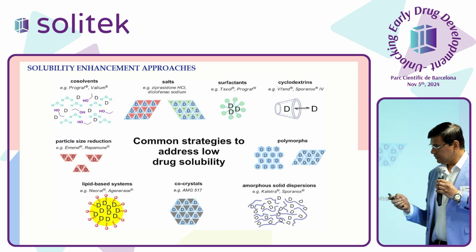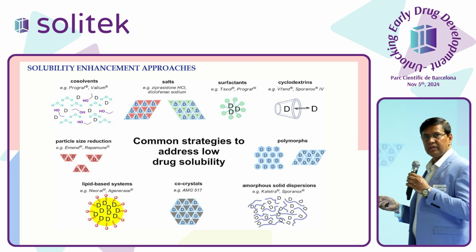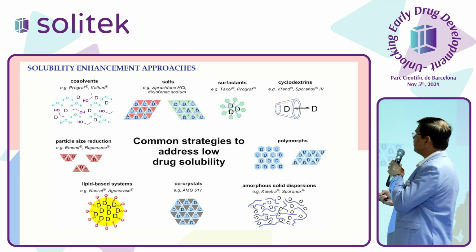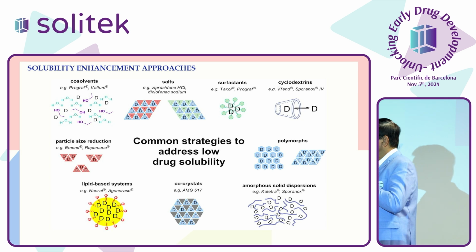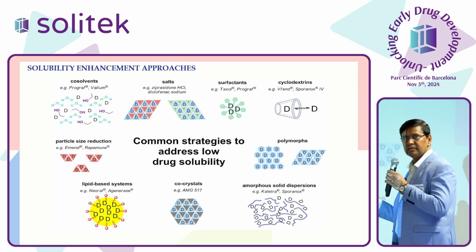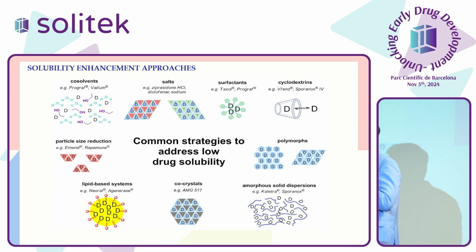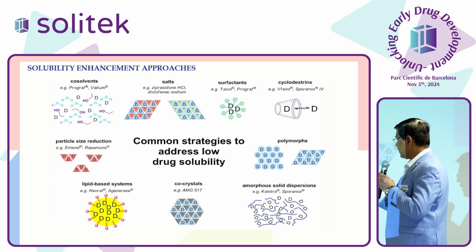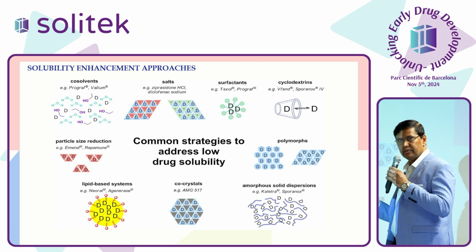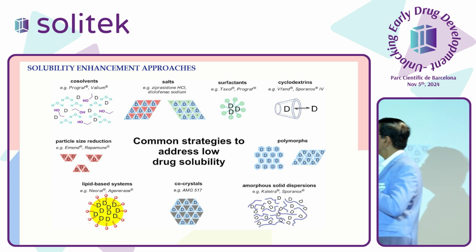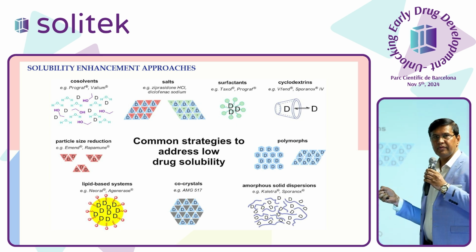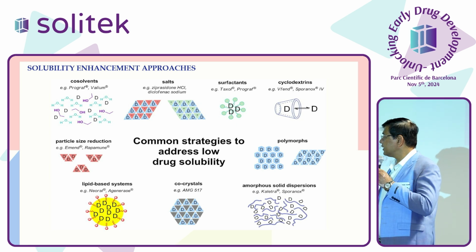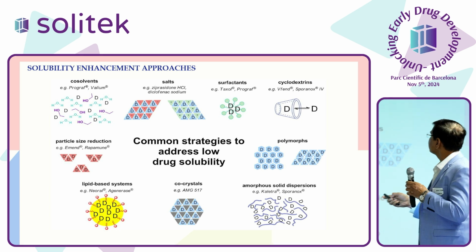Now coming to the technologies, what are the technologies that we can use for solubility enhancement? As in the earlier presentation, we already heard that salts are a major source of solubility enhancement. But in addition to that, there are different technologies that we can use. First is the co-solvent. For example, the drug Prograf, which is already on the market, is developed using co-solvent technology.